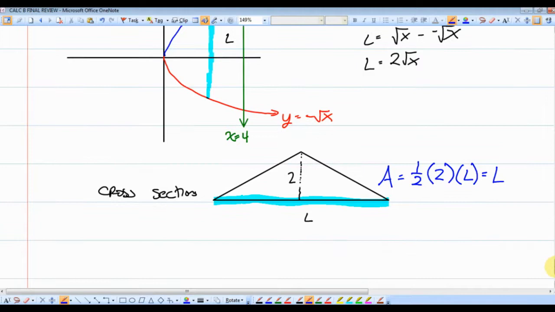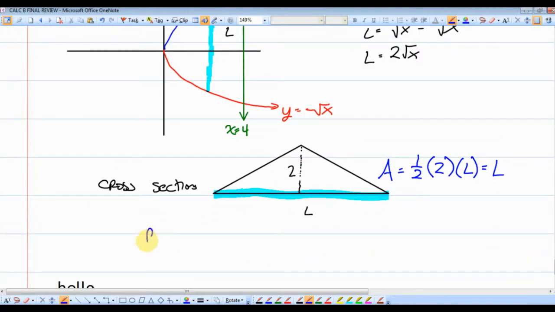And if we've learned anything, we know that all we need to do is integrate the cross-sectional area. Integrate L dx. What is the minimum value of x? Good. What's the maximum? Good. X equals 4. So 0 to 4 of L. What was L? 2 root x.